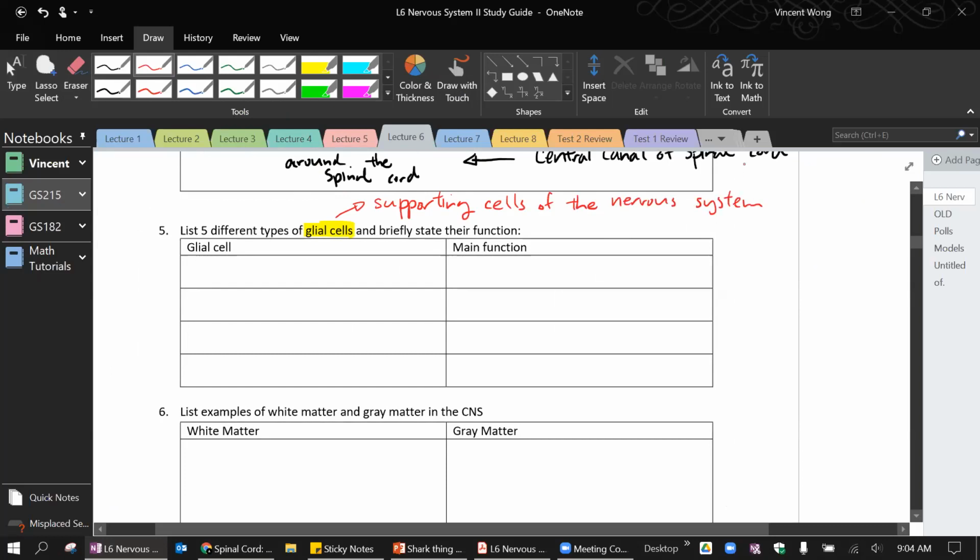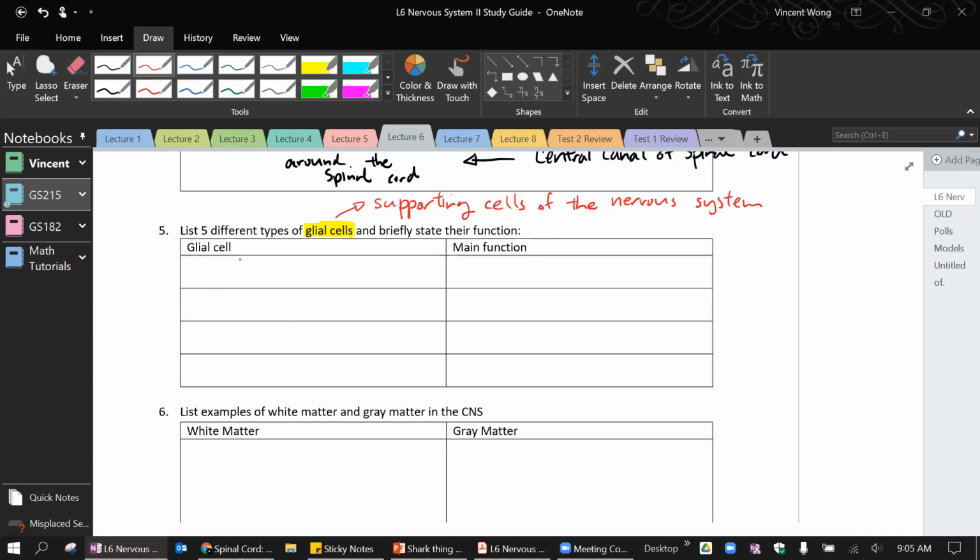Yes, these notes will be posted. It's always posted after class, and there's always a link to it. Glial cells, please give me some glial cells. Anyone? Please.